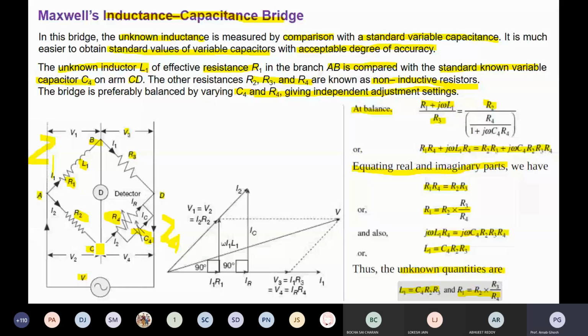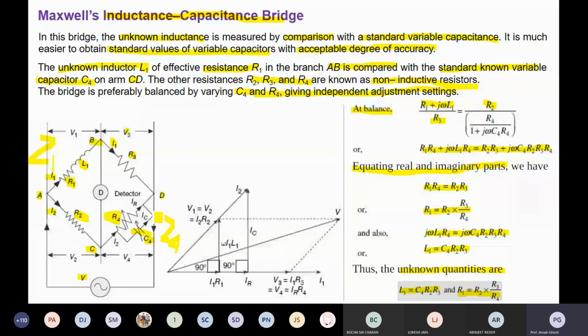So there will be no current flowing between points B and C. In this situation your I1 equals I3, so I1 will be flowing in both cases in series, and in the second arm, the A, C, D arm, I2 current will flow.